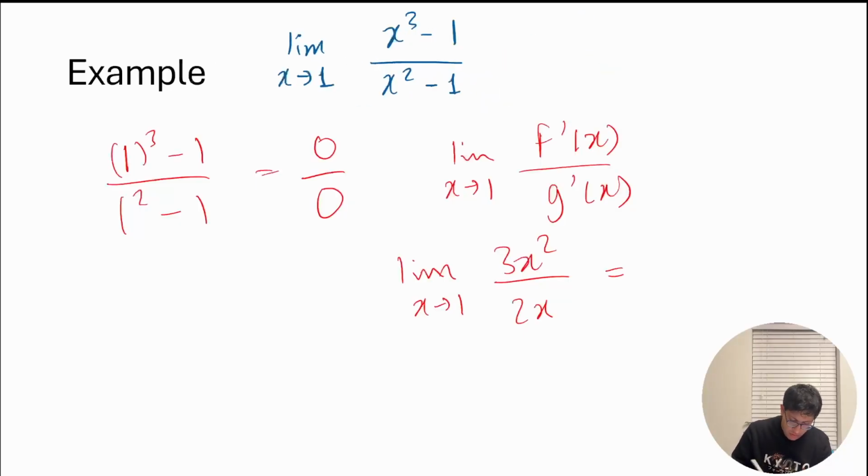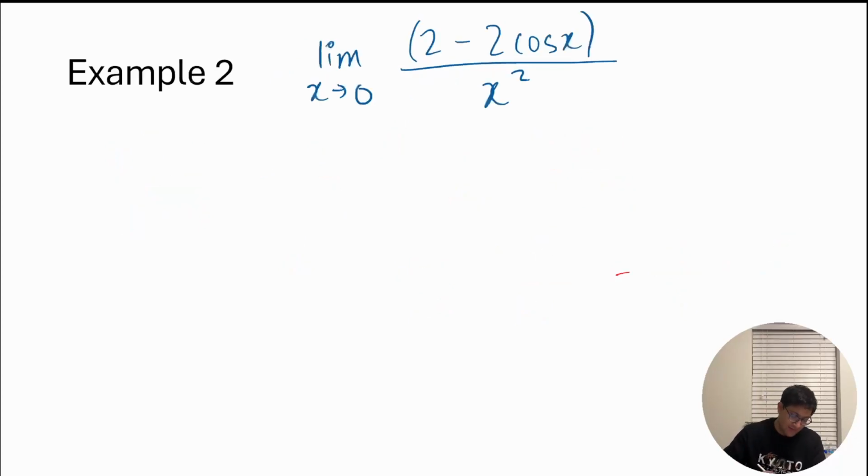And as this goes to 1, this will just become 3 over 2. So the limit of this, under normal circumstances without L'Hopital's rule, would have been 0 over 0, which is just invalid. But using L'Hopital's, if we differentiate the numerator, differentiate the denominator, and plug in 1 again, we find its actual limit. So you see how very helpful it is in some scenarios.